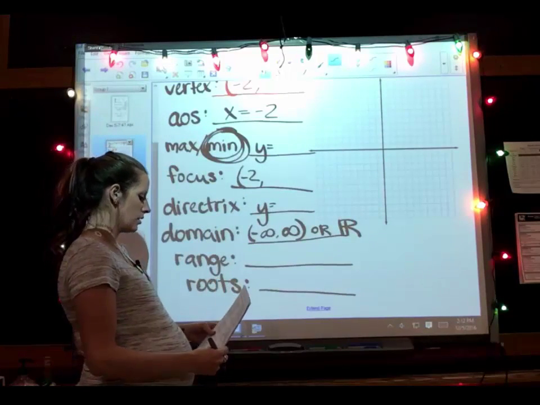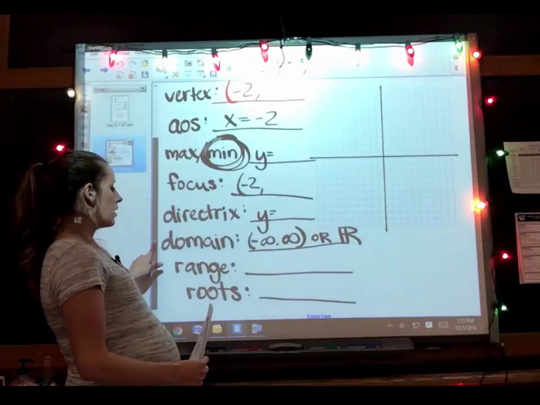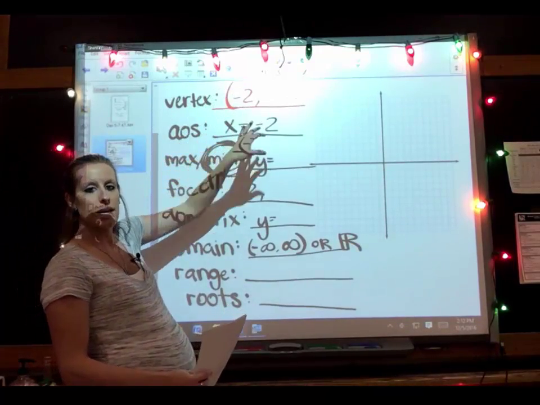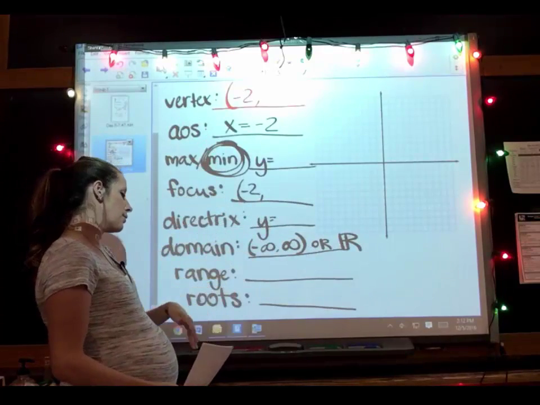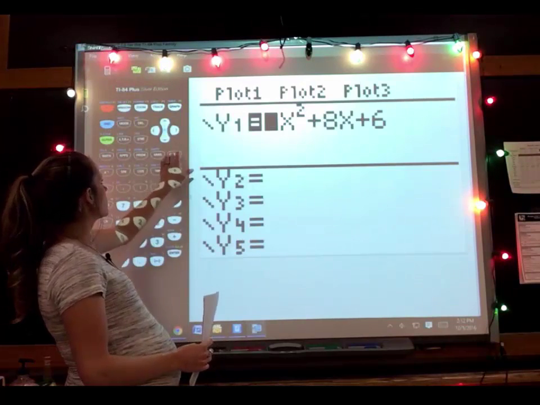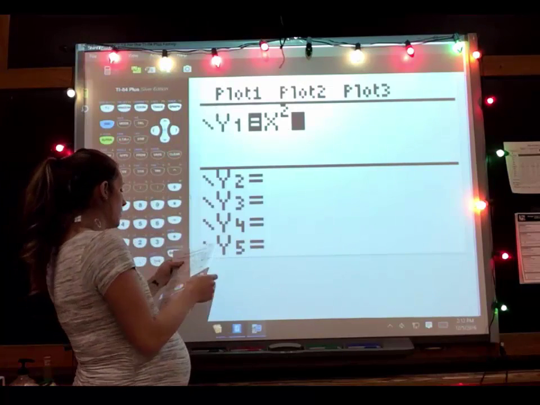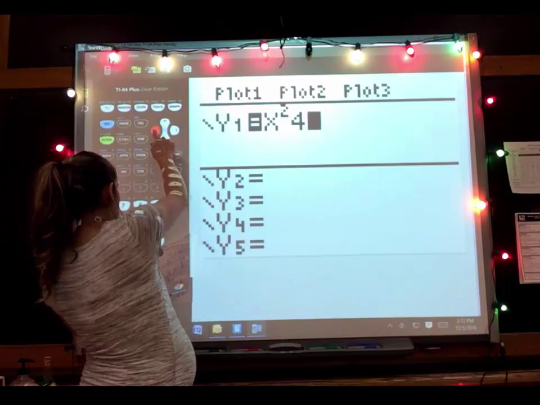So let's go ahead and go to the calculator, because we need to figure out exactly what our vertex is and some points around it to figure out the rest of this information. So y equals, our equation is x squared plus 4x plus 3.